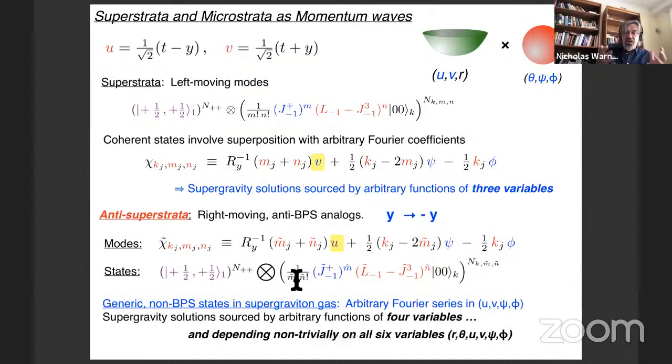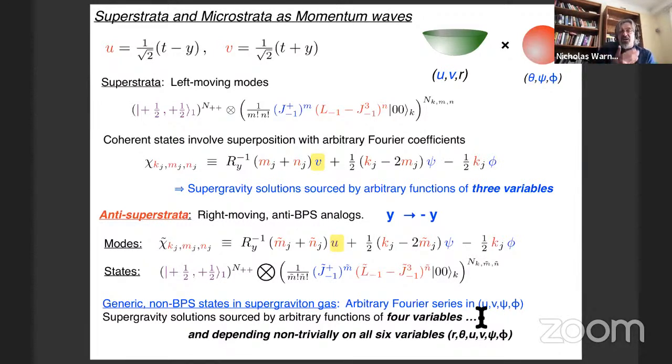And so a generic non-BPS supergraviton gas state is something which starts out with an arbitrary Fourier series in u, v, psi, and phi with these Fourier coefficients. And in particular, I'll rapidly turn this to t and y, but at the moment it's left moving, right moving.